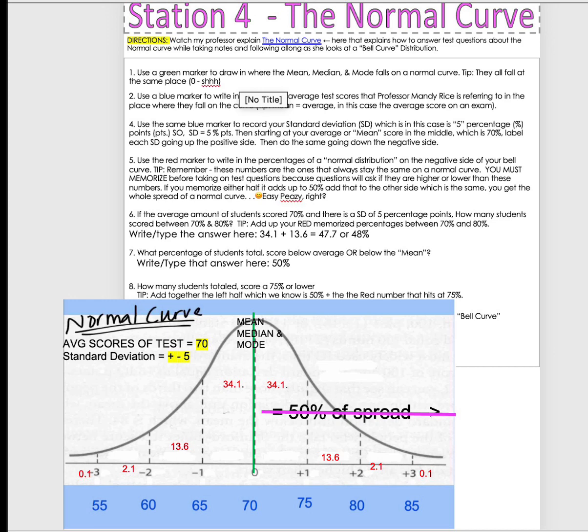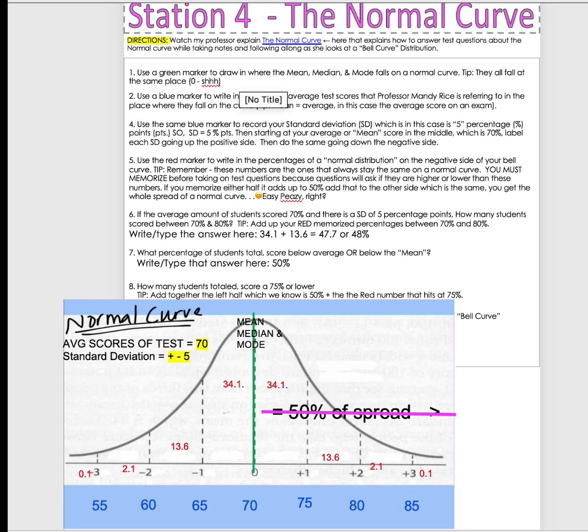Okay, next up it says to use our red marker, number 5, use our red marker to draw in our normal distribution, which will always be the same percentages. Okay, these are not the percentages of the test scores themselves, but the percentage of the part of the spread that those test scores took up.